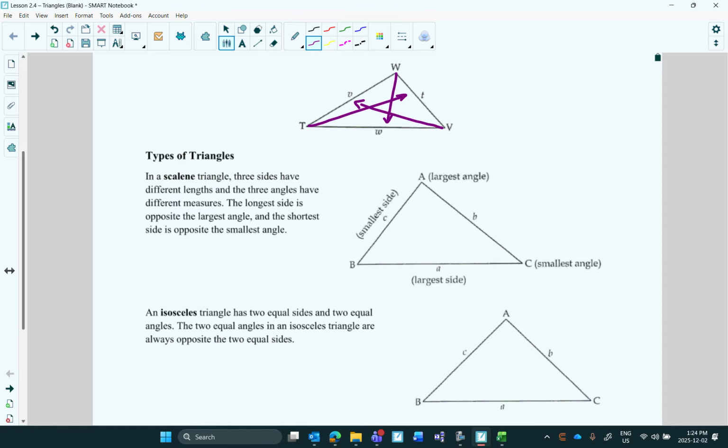And by the way, in a triangle, you can always find the largest angle, the second largest angle and the smallest angle, by looking at their opposite sides. So if you draw a triangle, whatever angle is the largest, in this case it's A, that means the side opposite that angle must be the longest side.